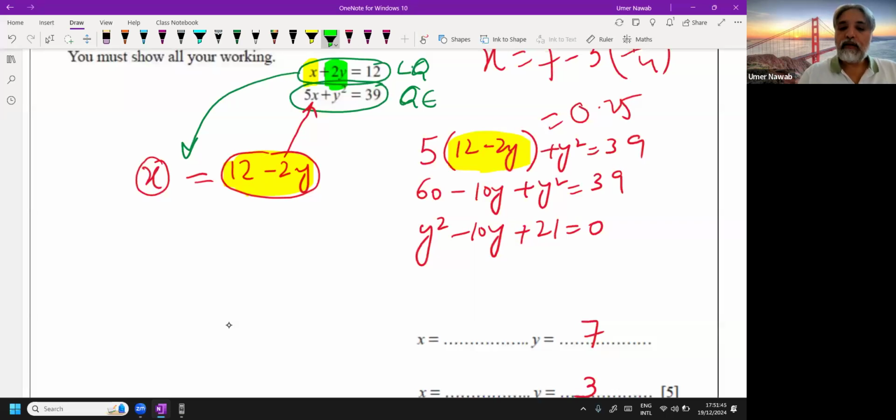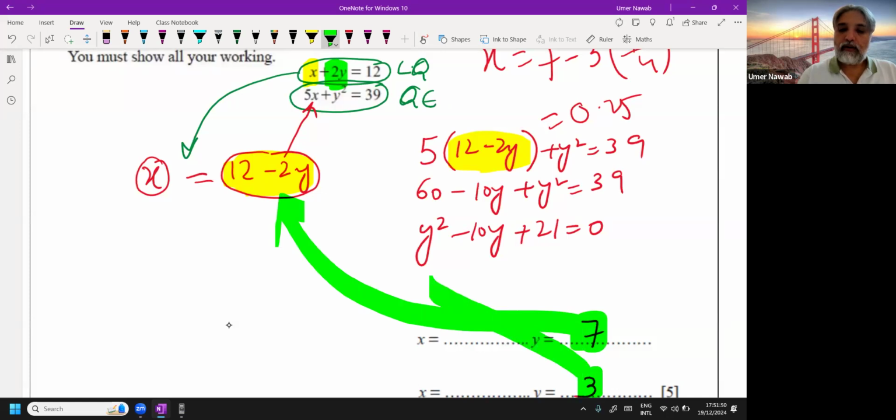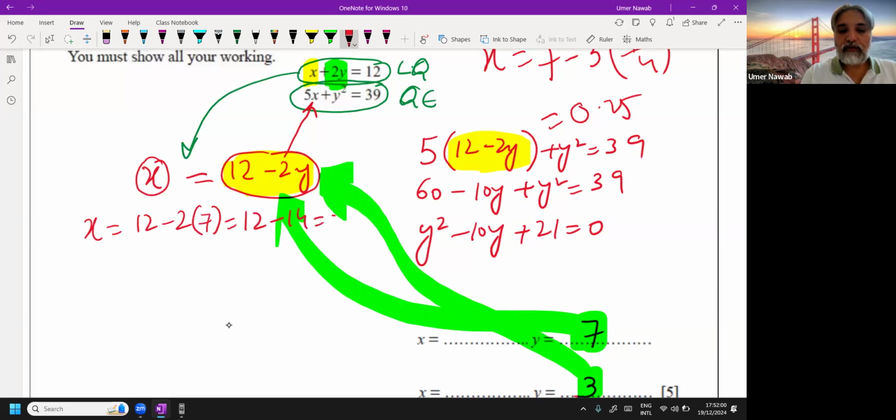Can I plug these values one by one into the linear equation? So x is equal to 12 minus 2. In the place of y, I put 7. So 12 minus 14 gives you negative 2. And x is equal to 12 minus 2, in the place of y, I write 3. So 12 minus 6, it gives you 6.